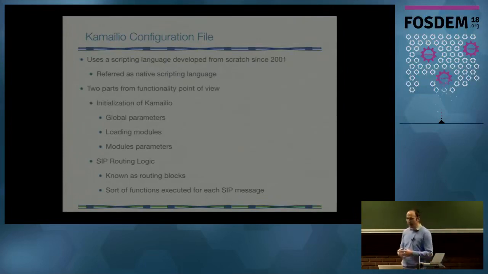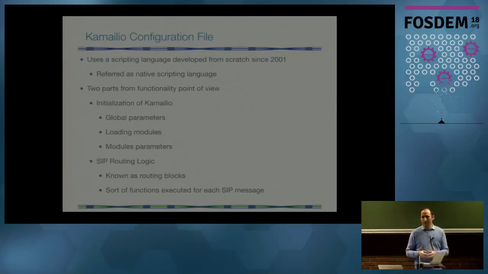And then we have the part that is used for routing the SIP packet. So you will have to think about Kamailio as not being a telephony engine, but more like a SIP packet router. You get access to every SIP packet that goes on the network, and it's up to you via the configuration file to decide, okay, that's Daniel, it's a local user, I would like to route to it, so it's a location service that you can put together and the call is sent to a device.